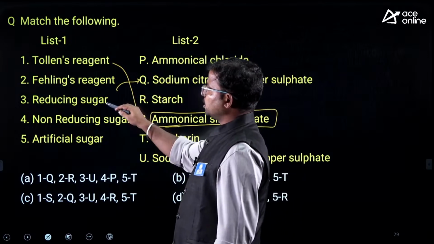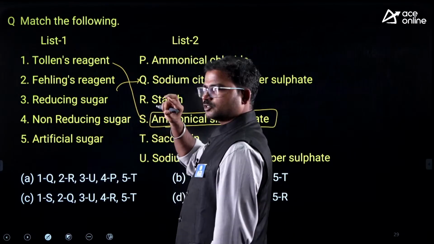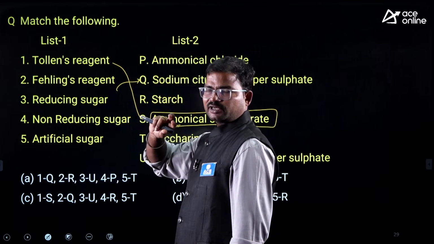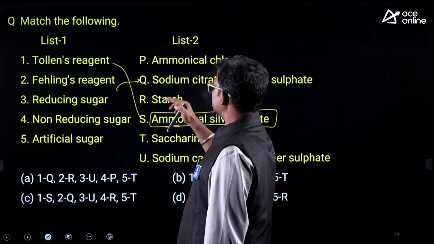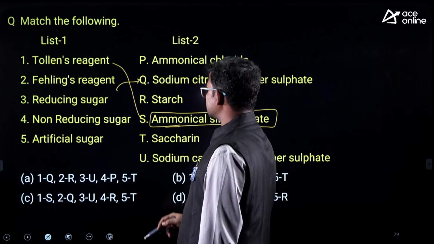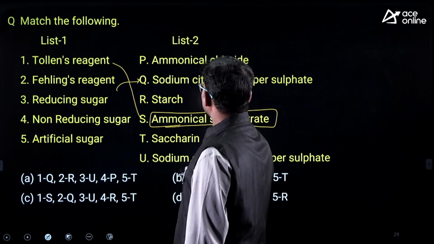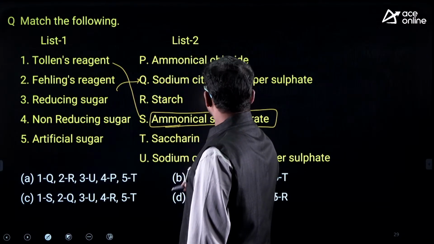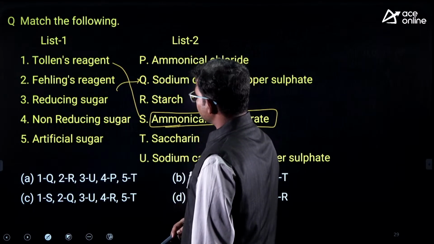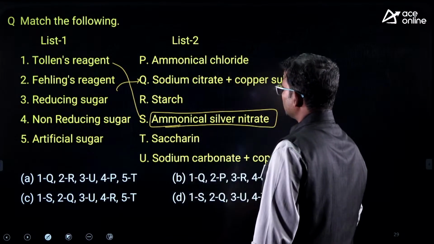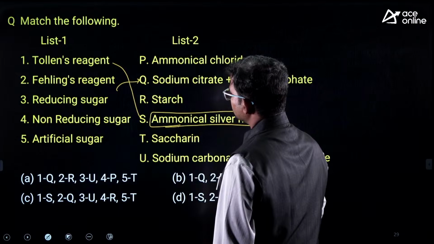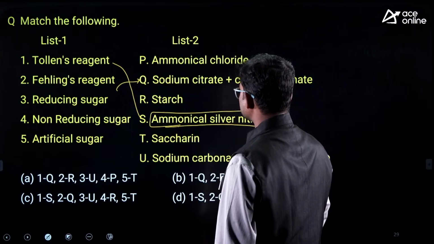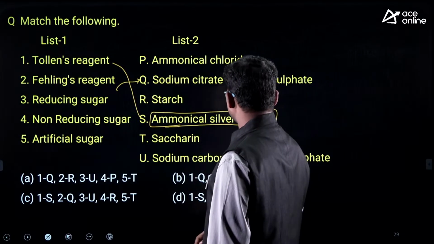Reducing sugars means, if you consider any carbohydrate and it gives a positive test with Tollens and Fehling solution, those are called reducing sugars. Here we have ammoniacal silver nitrate, sodium citrate, reducing sugars, saccharin, starch. Next, non-reducing sugars.